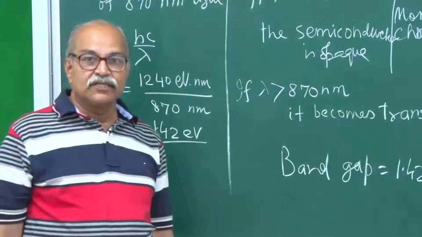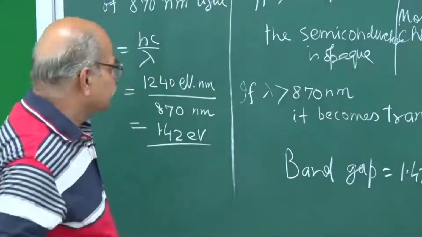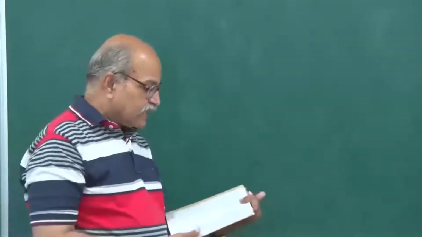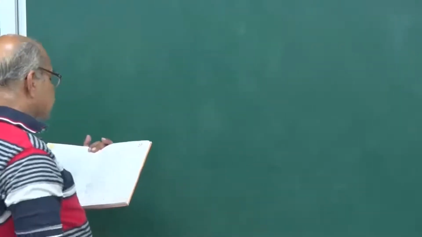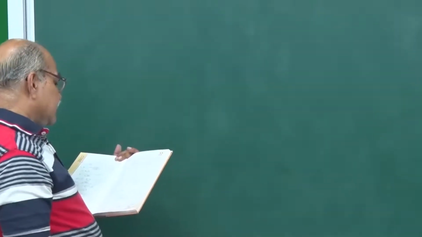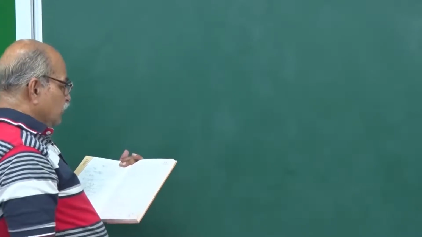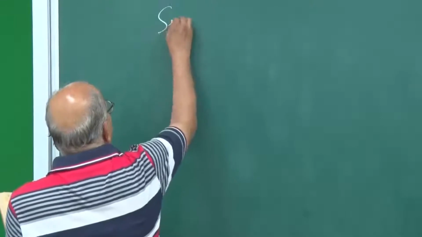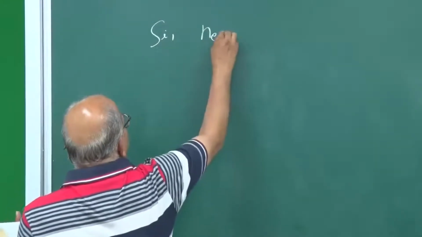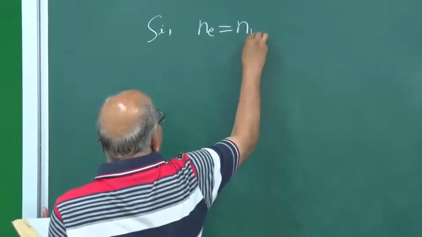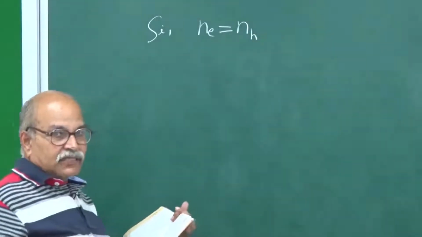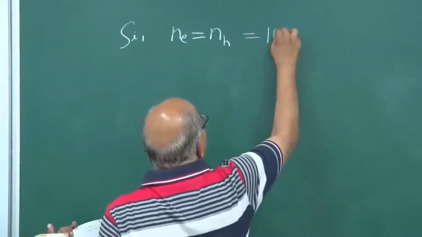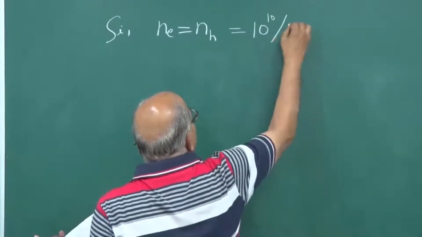Okay, so let's go to the second question. Now this question says that for silicon, the intrinsic carrier concentration is Ni equal to 10 power 10 per centimeter cube. So in silicon, Ne, which is equal to Nh when it is intrinsic, is equal to 10 to the power 10 per centimeter cube.